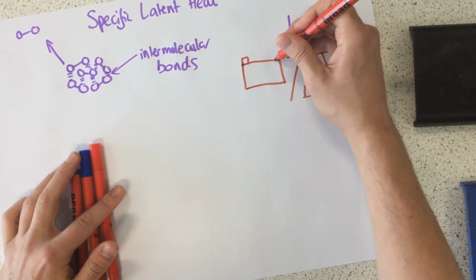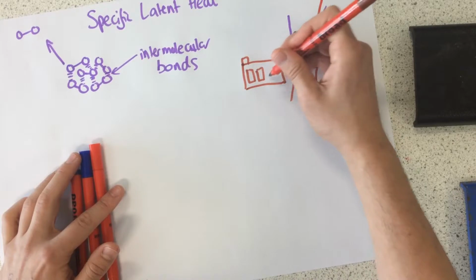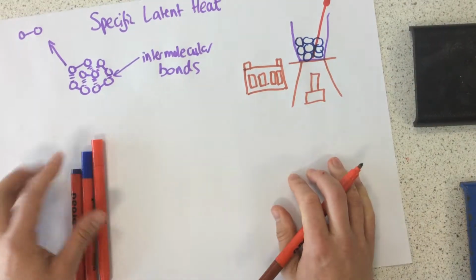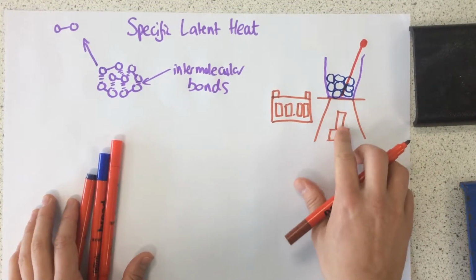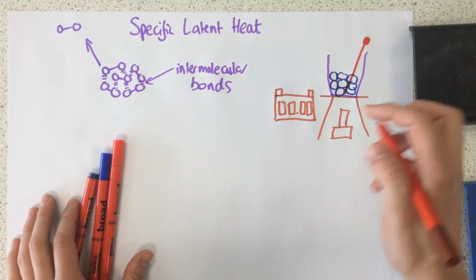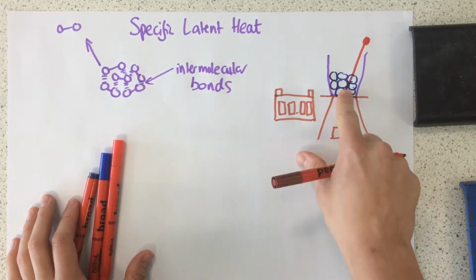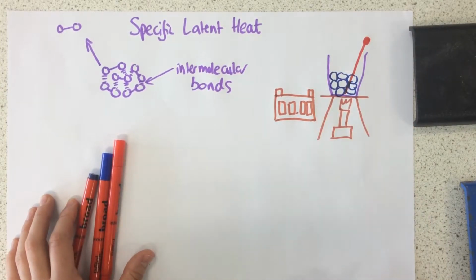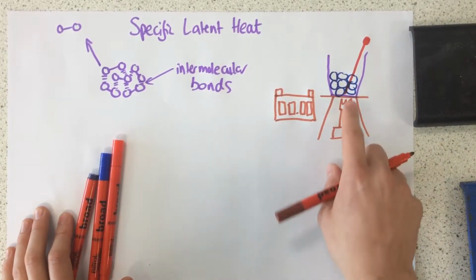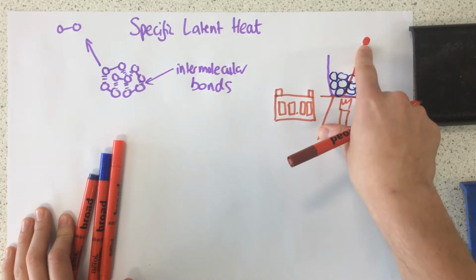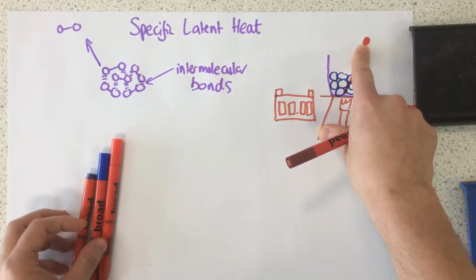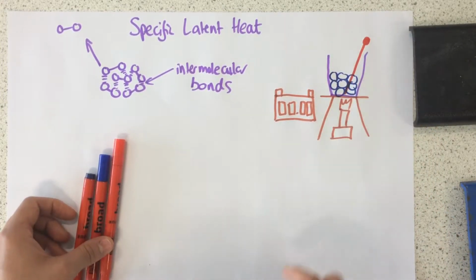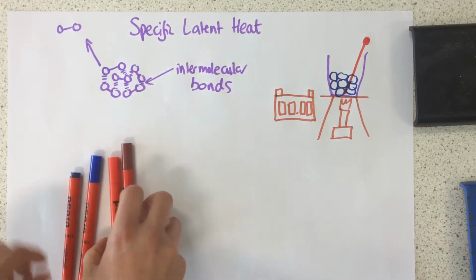I'm also going to need a stop clock right here. So here's my stop clock. I start heating up my ice in my beaker, and the second I do, I start my stopwatch. Then every 20 seconds, I record the temperature on my thermometer, and I should be able to plot my data on a graph.